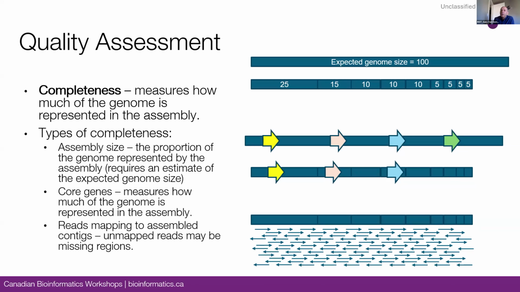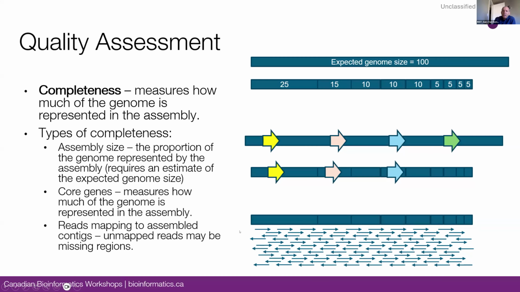So if you know the lineage, you can say, I expect to see these genes in a single copy. Take a look and see if they do. If your assembly doesn't contain them all, then that can tell you that you may have some missing content. Alternately, if you have more than one copy, that can tell you that you may have contamination. So it's not just completeness, it's also correctness.